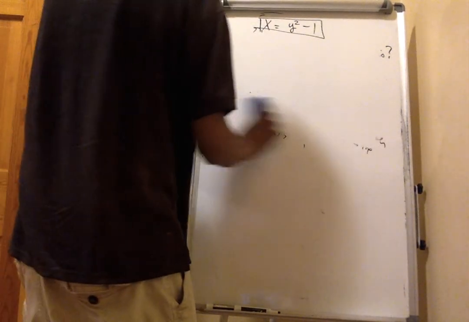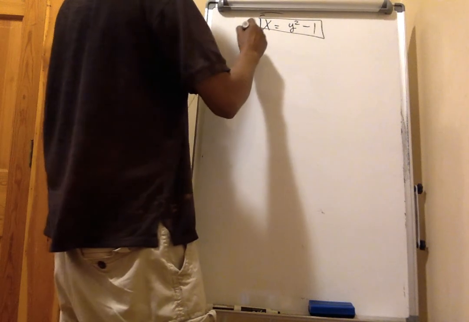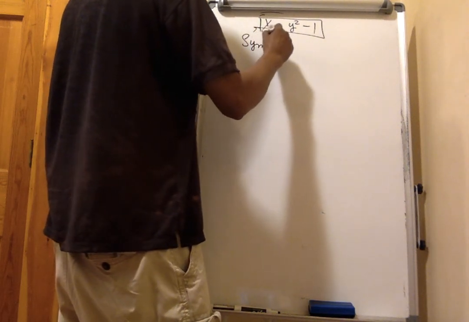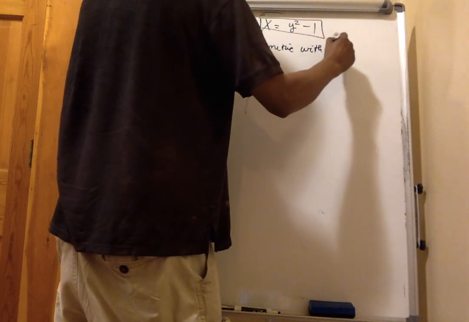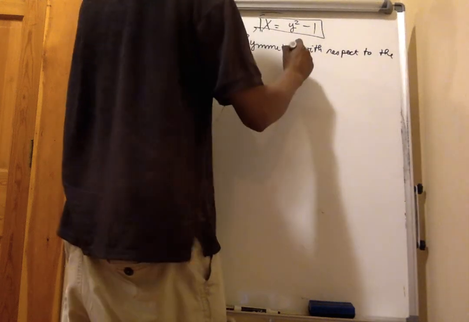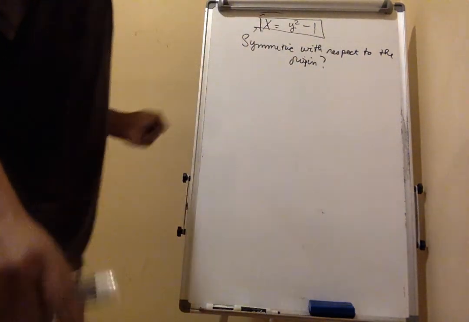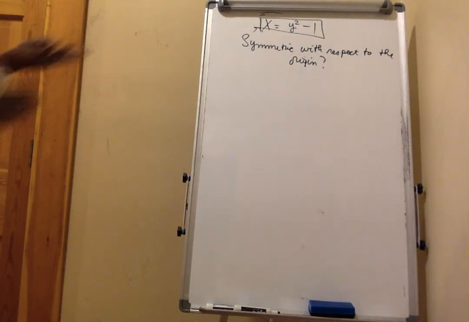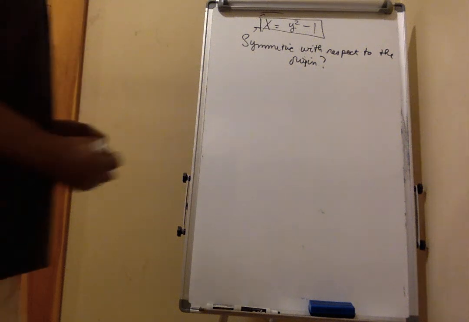Now, let's try to solve whether it is symmetric with respect to the origin. This requires me what? To change x into negative x and y into negative y.